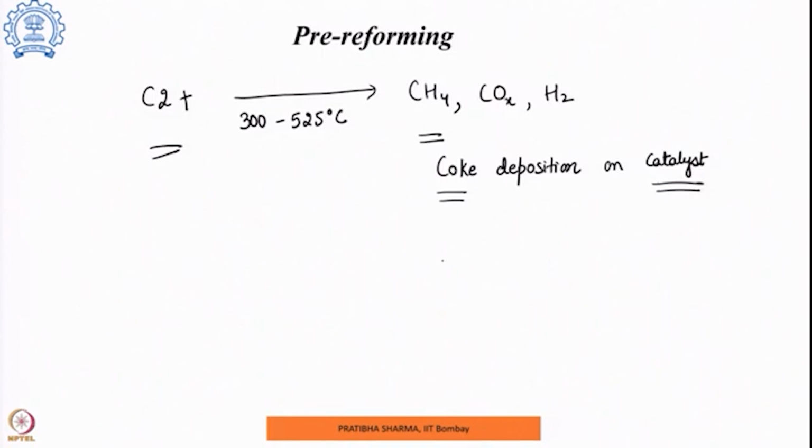Now, the addition of this pre-reforming step is beneficial. It can provide fuel flexibility. So, any type of fuel can be used which can then be converted into lower hydrocarbons, and thereafter the steam reforming can be done.